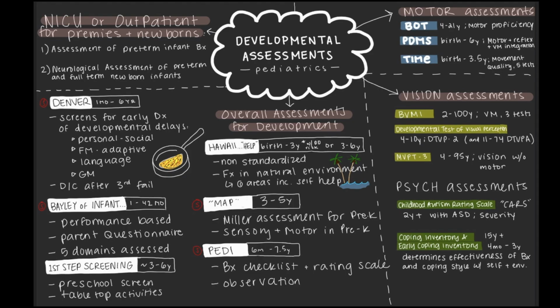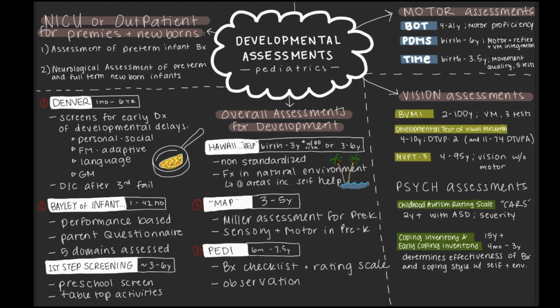So to me, if I have a question on the exam, or if I am interacting with a patient and they have some possible motor delays, I'm probably going to do the BOT or the Peabody. And if you think about it, if they're under 4, I'm definitely going to be doing the Peabody, right? Because the Peabody is birth and up, and then the BOT is only from 4 to 21.